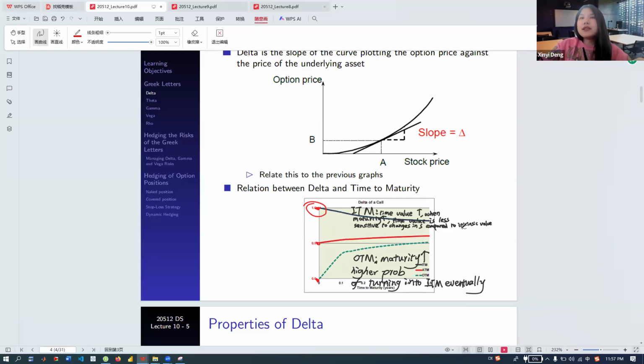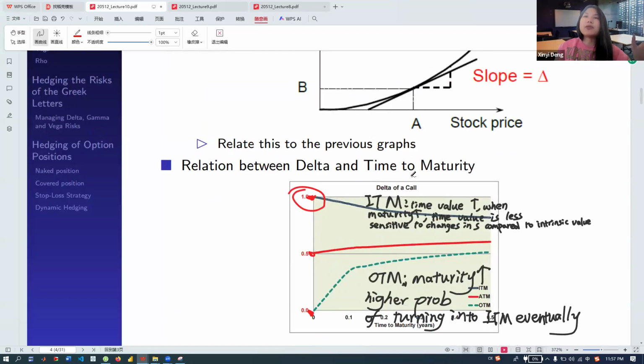As for this decreasing slope for in the money call options when time to maturity increases, let me expand this intuition via total value, actually time value and intrinsic value. For in the money options, we have time value increasing if capital T increases, as I also wrote here, as maturity increases.